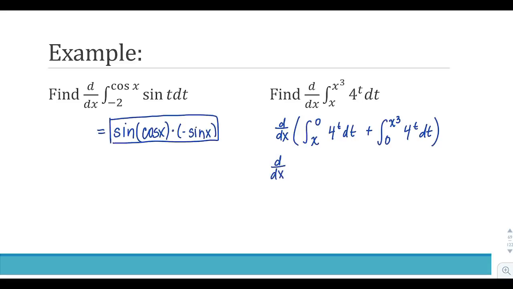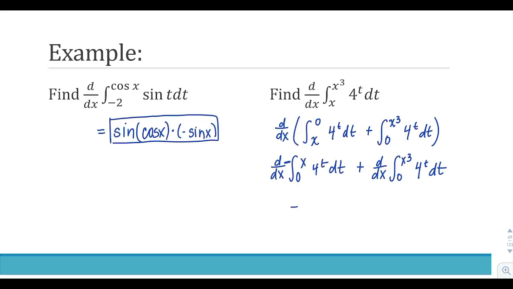So the derivative with respect to x, the integral, negative the integral of 0 to x of 4 to the t dt. And then we're also going to take the derivative with respect to x of the integral from 0 to x cubed of 4 to the t dt. So here, now we have the variable in the upper limit of integration. It's just x, there's no chain rule. So the x just replaces the t, and I keep the negative.